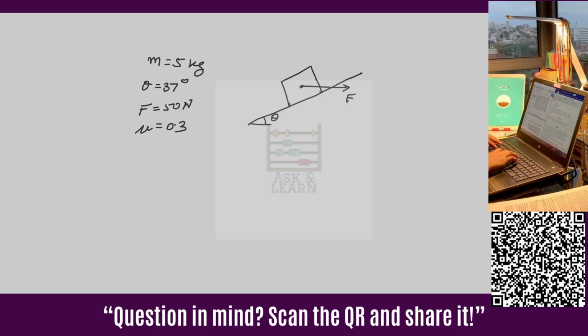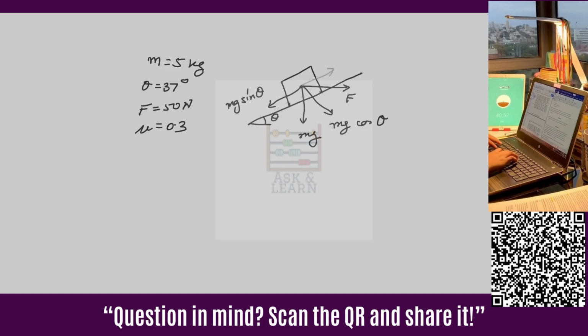Now this is pretty simple. What you can do is start by resolving the forces on this block. First you've got the weight mg acting downwards, and this weight will have two components, one along the incline, which is mg sine theta, and another perpendicular to it, which is mg cos theta. With this you will also have the components of this force.